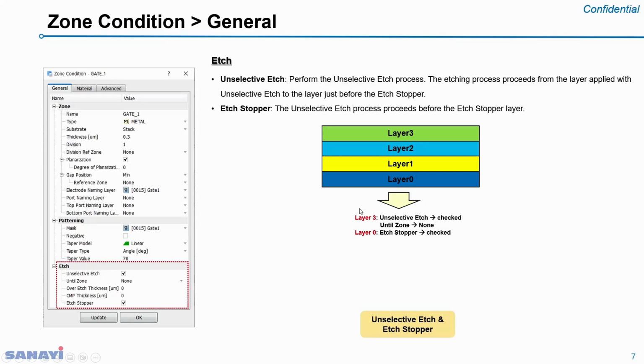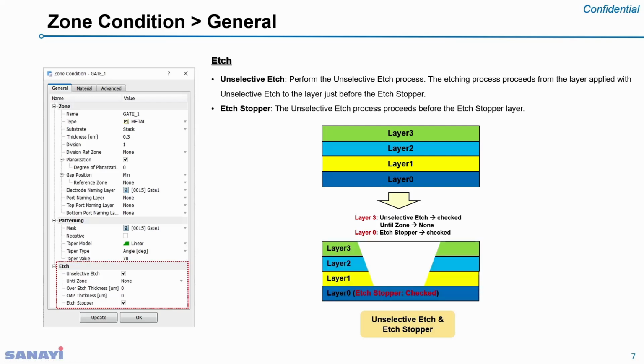And when you want to proceed with the etching process from layer 3 to layer 1, layer 0 is an etch stopper because etching proceeds until just before the layer for which the etch stopper is checked.